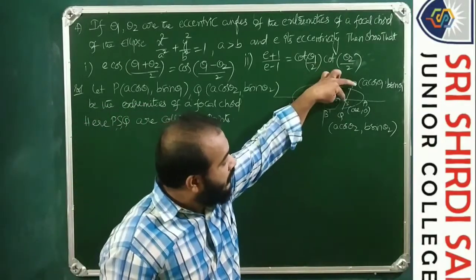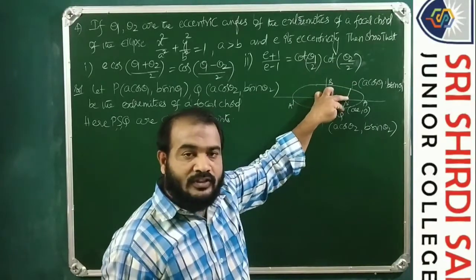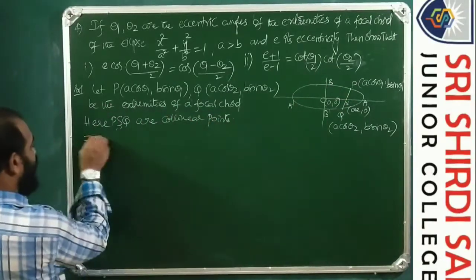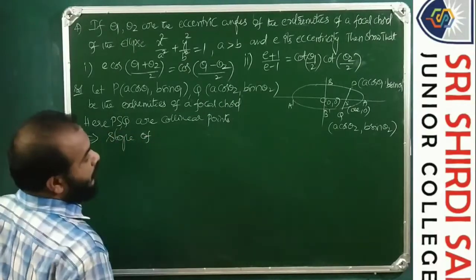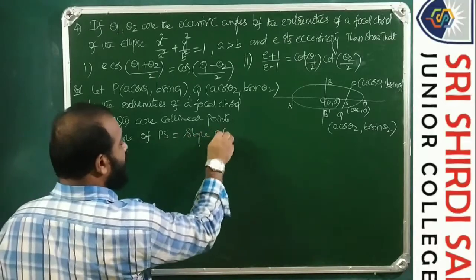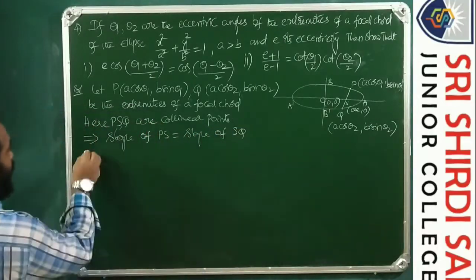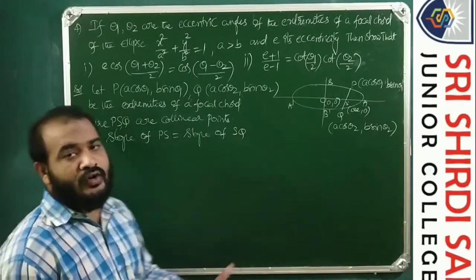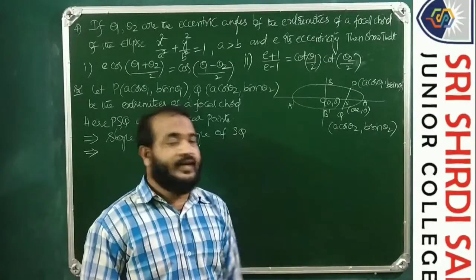The slope of these 2 points is equal to the slope of these 2 points. That means slope of PS is equal to slope of SQ. So what is the slope? Difference of ordinates, y2 minus y1, by difference of abscissae, x2 minus x1.